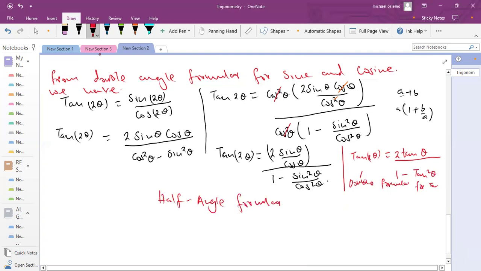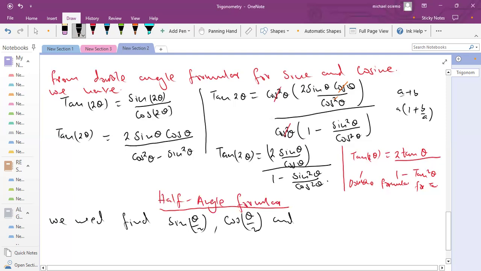Just the way the name sounds, half angle. In this half angle formula, we want to find sin theta over 2, for an acute angle, then we also need cos theta over 2, and also tan theta over 2.